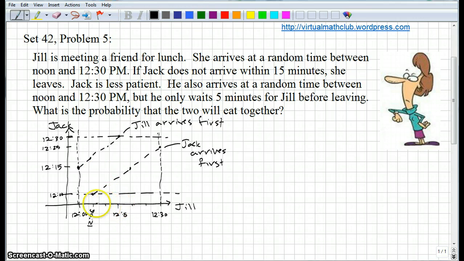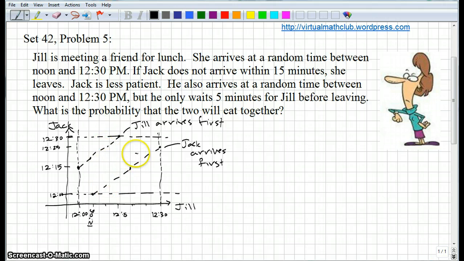Take for example here at 12:10. Let's say Jill arrives at 12:10. So as long as Jack arrived between 12:05 and what is that, 12:25, they're going to meet up.